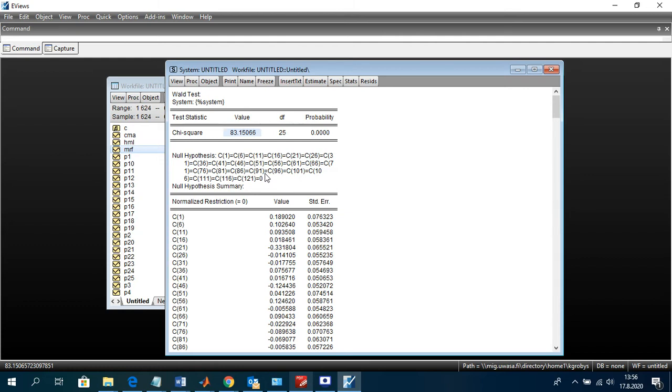If we want a significance level of 5%, we can look in a table and see that with 25 degrees of freedom and a 5% significance level, the corresponding critical value is 37.65. Whenever our test statistic is above this critical value of 37.65, we would reject our null hypothesis. And of course, 83.15 is much, much larger than 37.65.